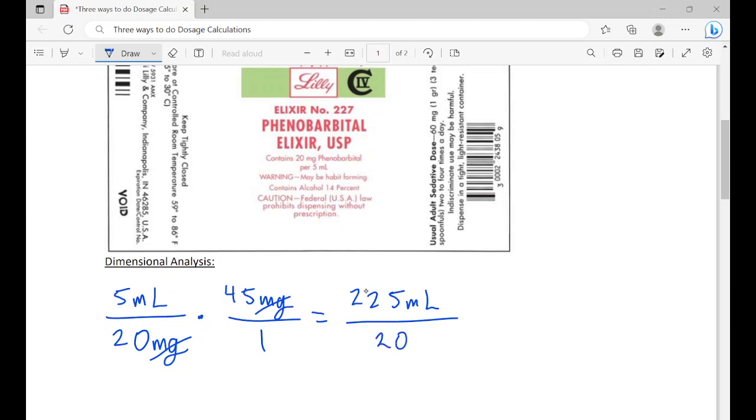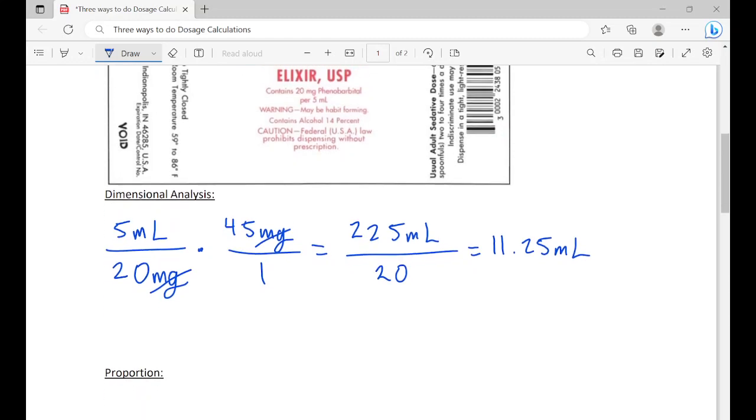Now we're just going to reduce down 225 over 20, and that's going to give us 11.25 milliliters. But typically when we have liquid medication like this, we like to round to the nearest tenth. So we're going to round up this 2 to a 3. So our answer is going to be 11.3 milliliters of phenobarbital.